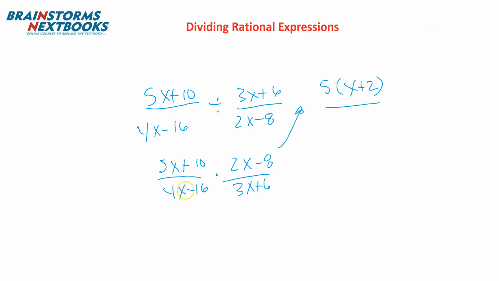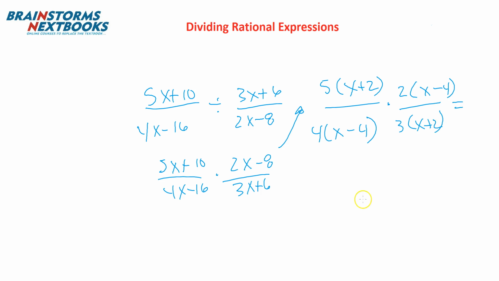Looks to me like, what if I pulled a 4 out? So I had a 4, and then I'm left with x minus 4, so that's cool. Times, can't I pull a 2 out of here? So I'd have 2, and then x minus 4 on the inside. And then this one, it looks like I can pull a 3 out of both, so I'd have 3, and then x plus 2. Okay, cool.